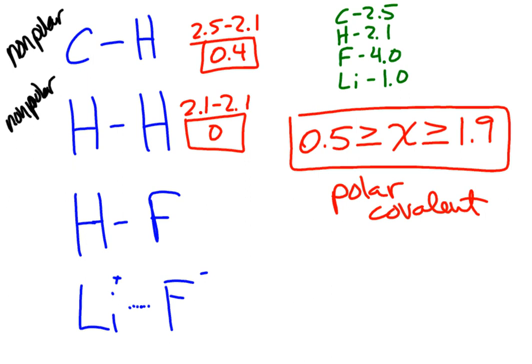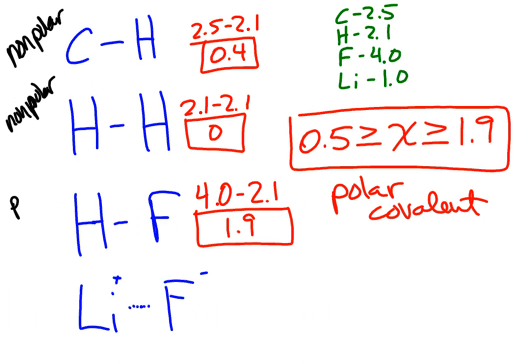Hydrogen and fluorine. Fluorine is 4.0, hydrogen is 2.1, so we have 1.9 as our difference. Well, if it's less than or equal to 1.9 but greater than or equal to 0.5, then that is a polar covalent bond.